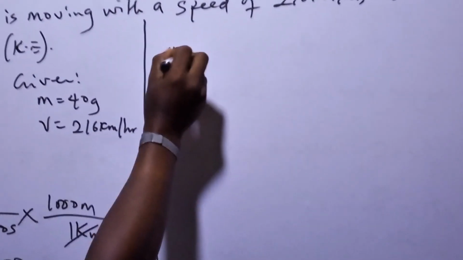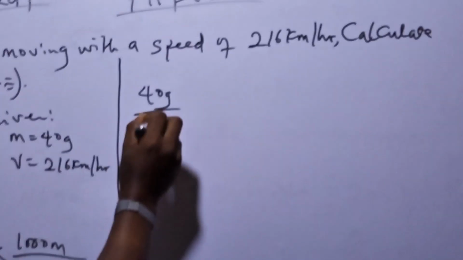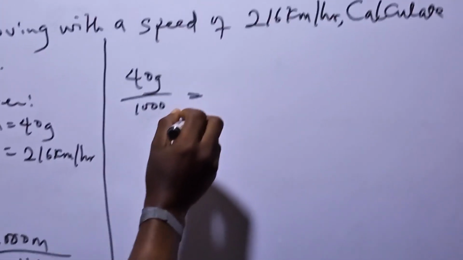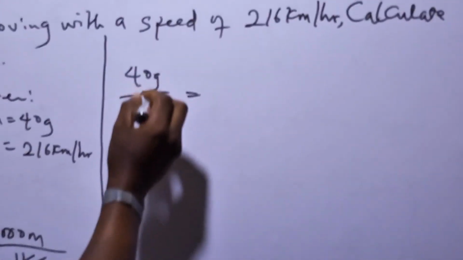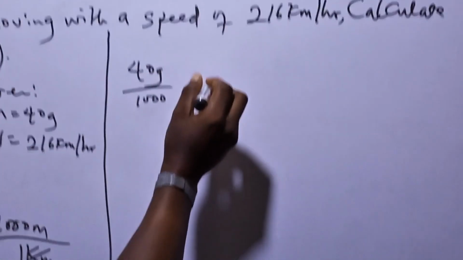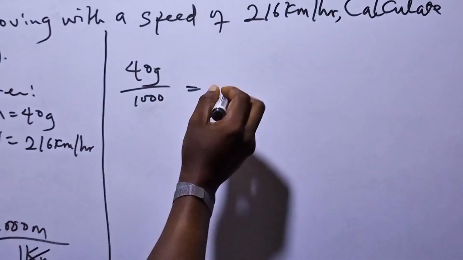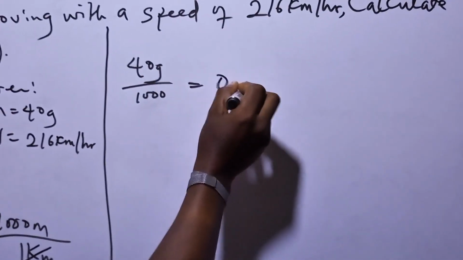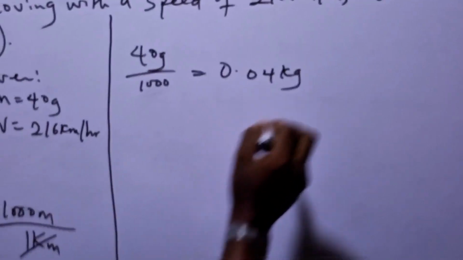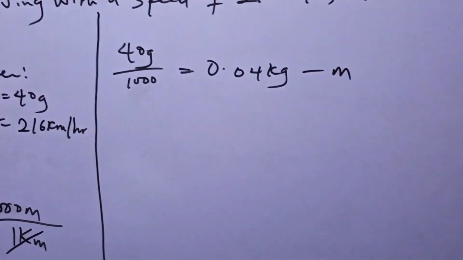Now we have 40 gram over 1000. If you divide 40 over 1000, you will have 0.04 kilogram, which is the mass.